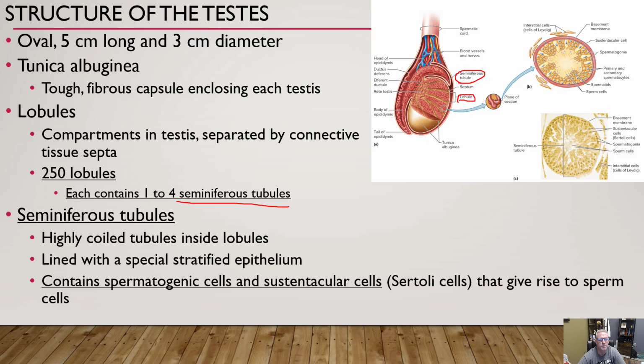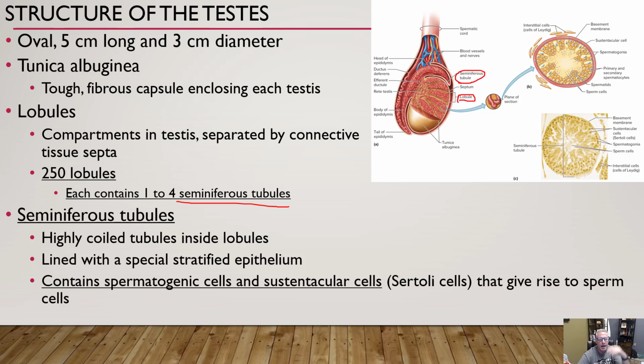These are basically coiled tubes inside the lobules, lined with a specialized stratified epithelium that contains spermatogenic cells, meaning sperm creation cells, and sustentacular cells or Sertoli cells that support the sperm cells.